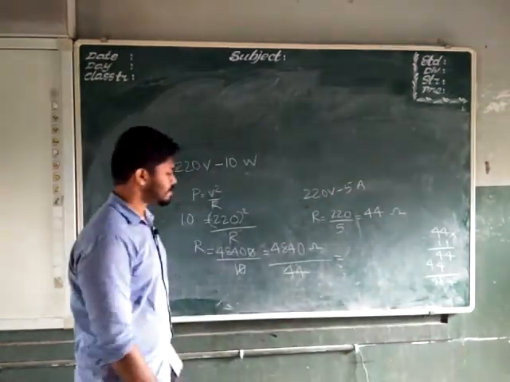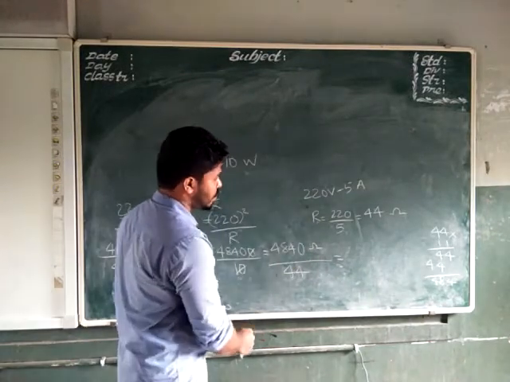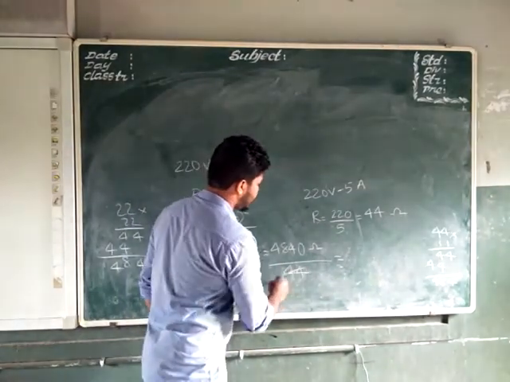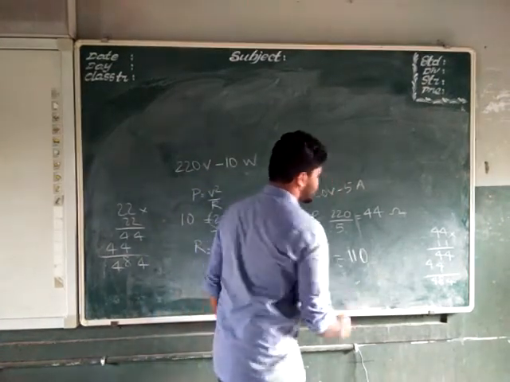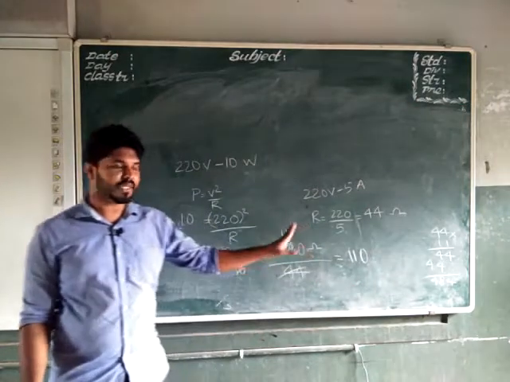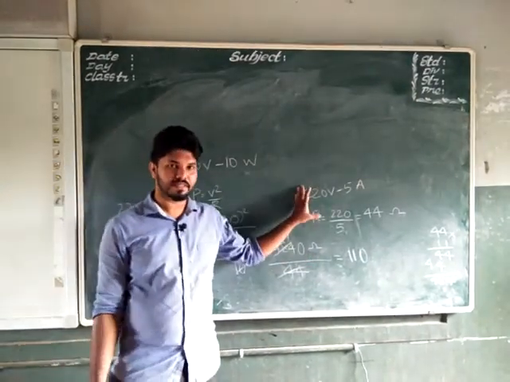It's 11 times. 11 times 10 gives us 110. So 110 bulbs can be connected in parallel in this circuit.